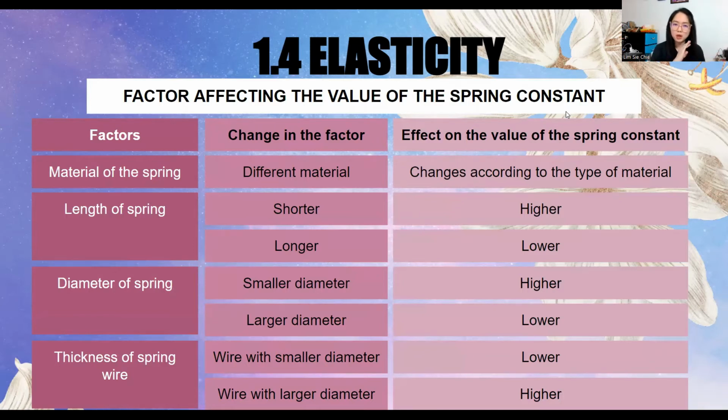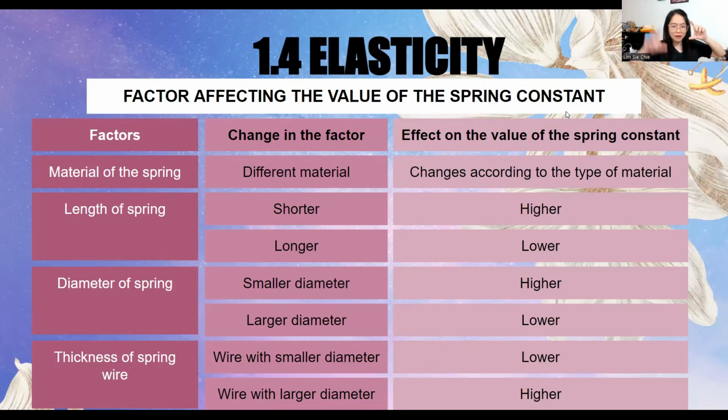When your spring constant is high, normally the extension will be short. If your spring constant is high in value, then it is harder to extend. But when your spring constant is lower in value, then the extension is longer. Okay, I repeat again.